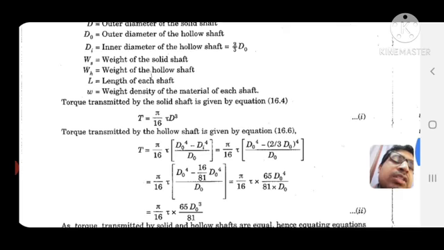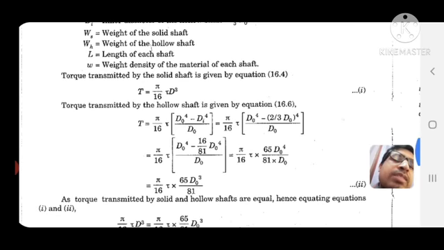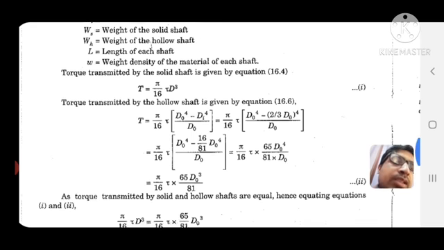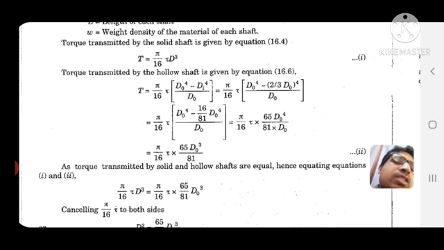So the torque transmitted by the solid shaft is given by the equation T is equal to pi by 16 tau into D cube. The torque transmitted by the hollow shaft is given by the equation T is equal to pi by 16 tau into D0 to the power 4 minus Di to the power 4, divided by D0. So pi by 16 tau into D0 to the power 4 minus 2/3 of D0 whole to the power 4, divided by D0.